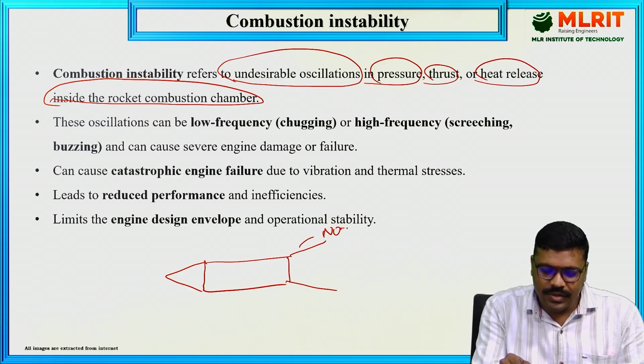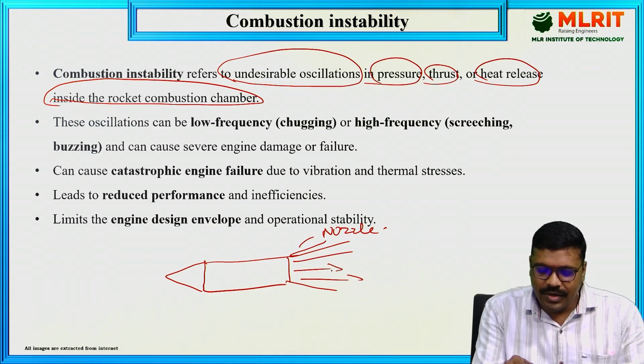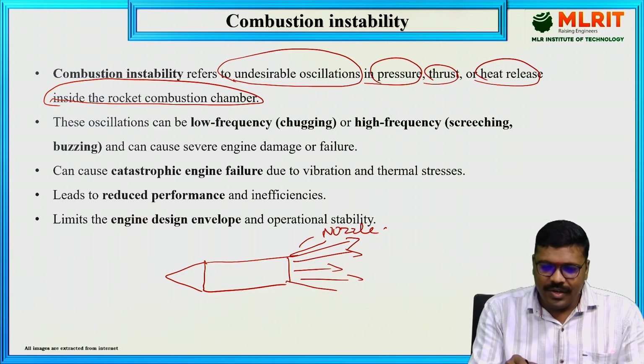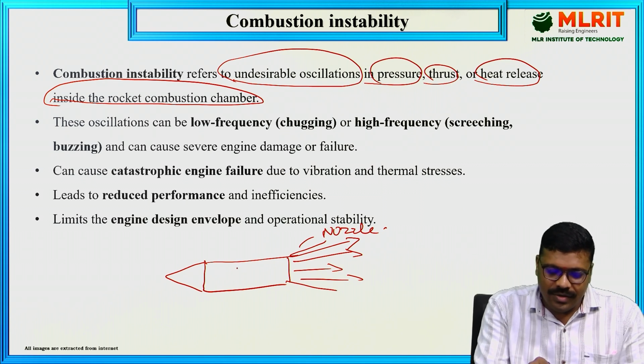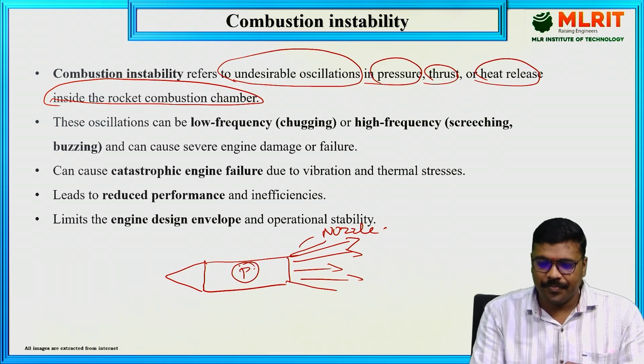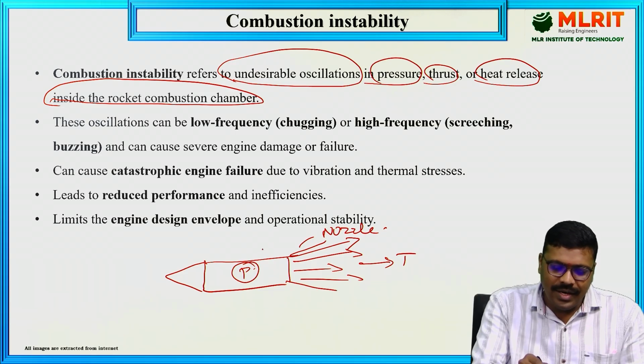The thrust is produced as the gases eject from the nozzle in this direction, due to the pressure developed in the combustion chamber. Thrust is produced at the nozzle exit, and the energy is released in the combustion chamber.